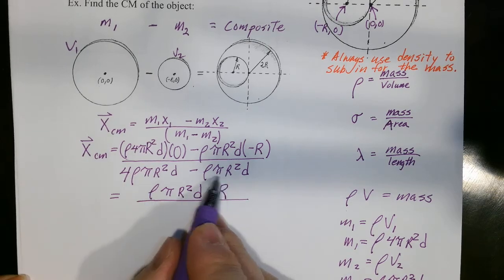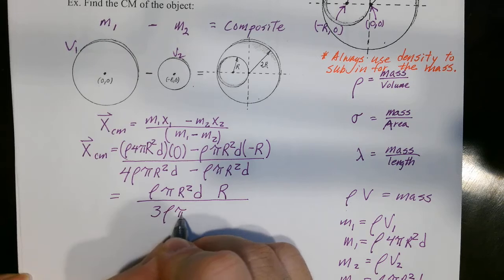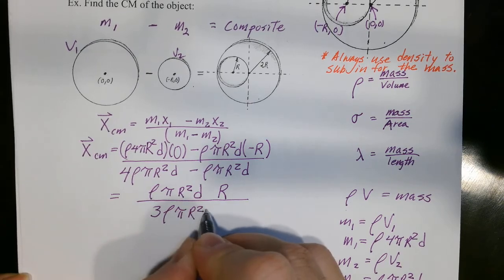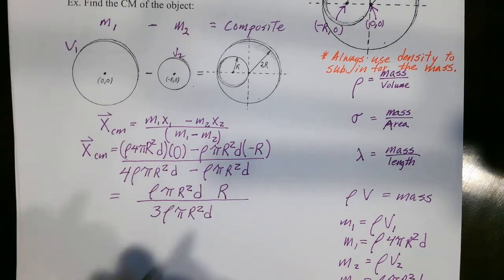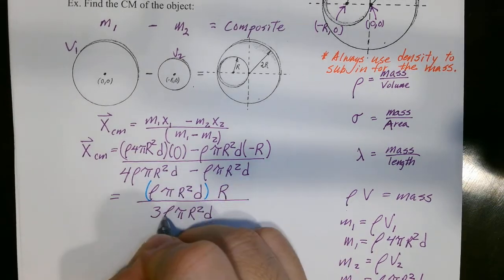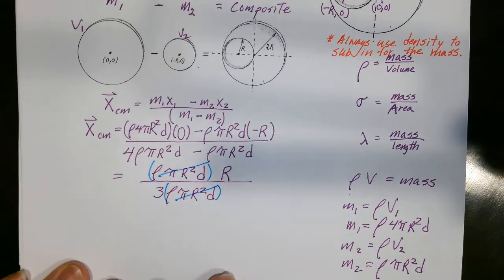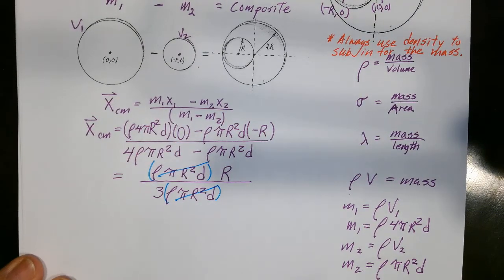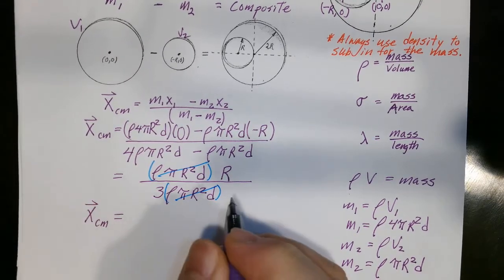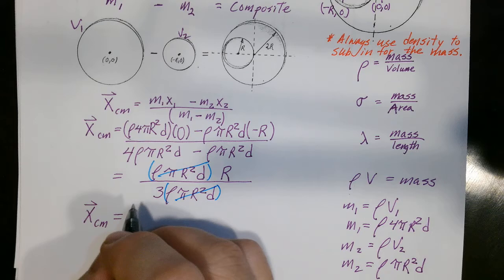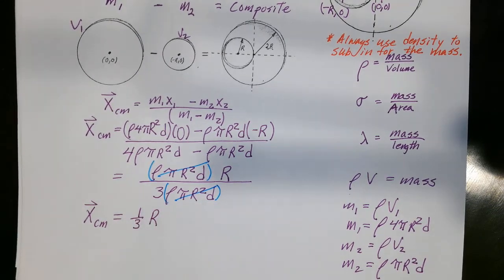Because we can actually have just 3 rho pi r squared d. As you can see, this and this can be canceled out. So our x sub cm is equal to 1/3 r.